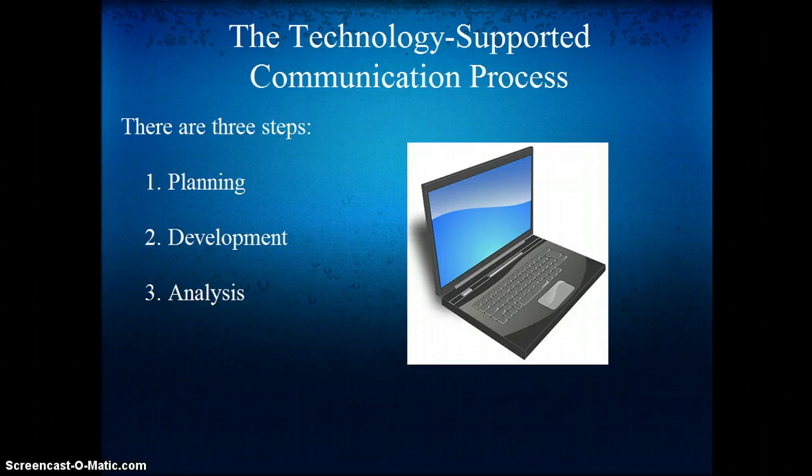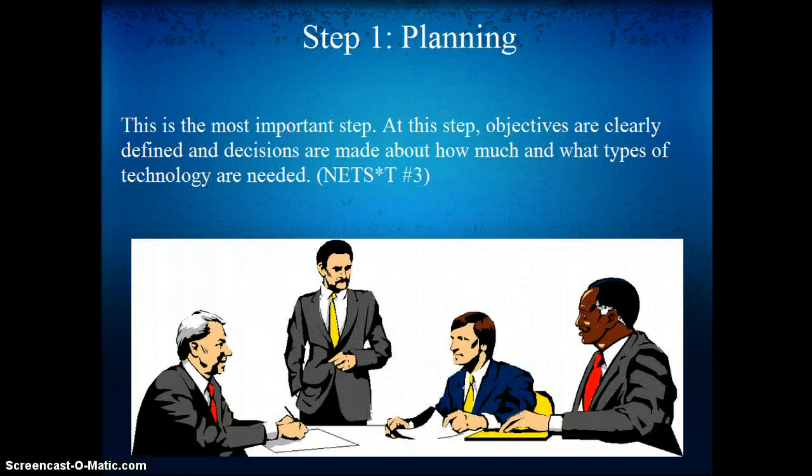The technology-supported communication process. There are 3 steps in this: planning, development, and analysis. Step 1 is planning. This is the most important step. At this step, objectives are clearly defined and decisions are made about how much and what types of technology are needed.